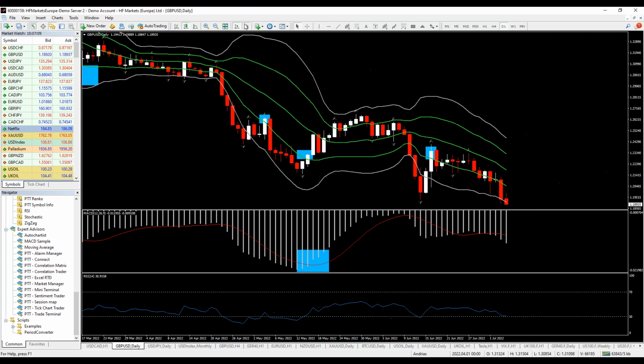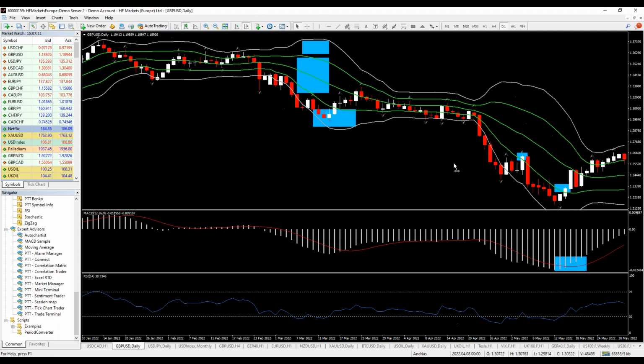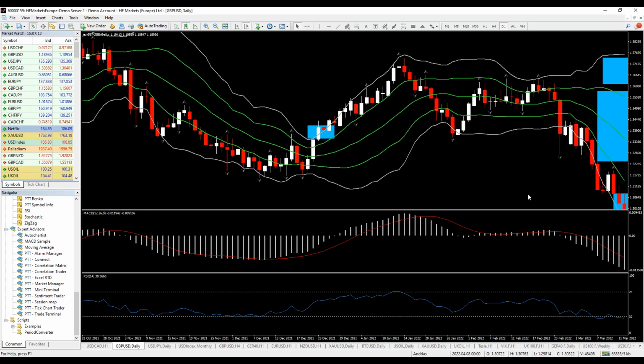So let's go backwards to find another one. Okay, up, doji, turn down until it broke it. So here we are, close below it. RSI started to clash with its histogram, but RSI is the one that gave us the confirmation because it reverted from the highs and started turning lower.